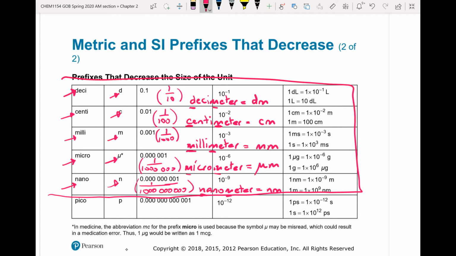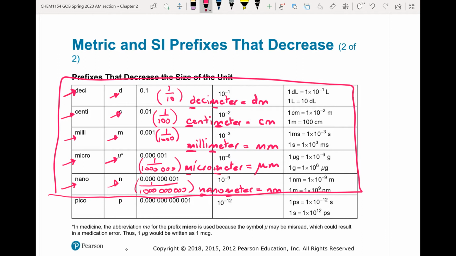These are the most common prefixes that we're going to see that decrease the size of the unit, and those are the ones that you need to know. Pico, we're going to see a lot less frequently than the other ones, and there are a couple lower than that, by the way, but you have to get into upper level chemistry or even physics to really talk about those.